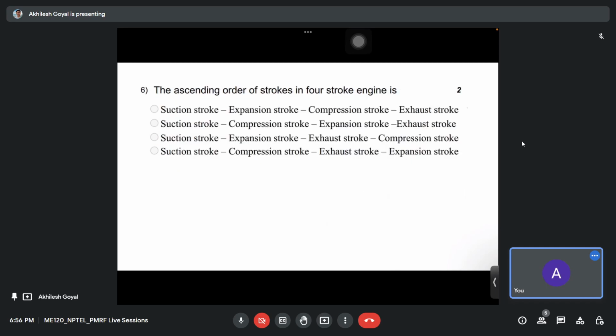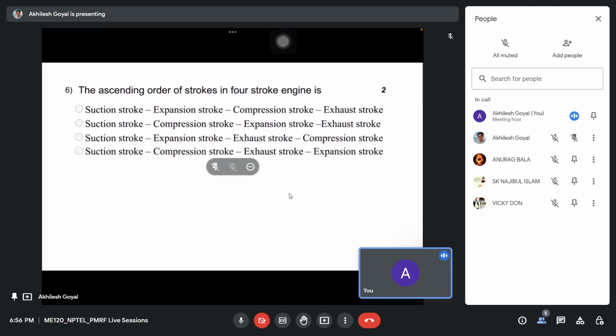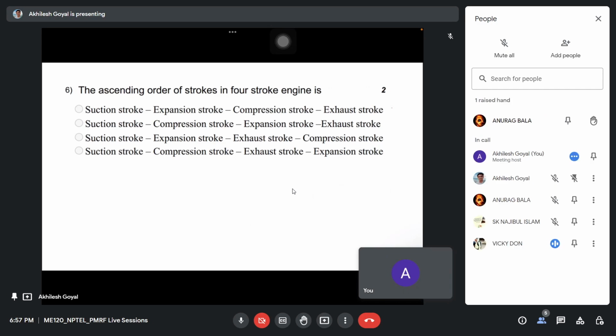The next question is, the ascending order of strokes in four-stroke engine. Okay, so who is telling me like what is the right sequence? Vicky or Najibul or Anurag? Who is telling me? So second, suction, compression, expansion, exhaust. Yes.